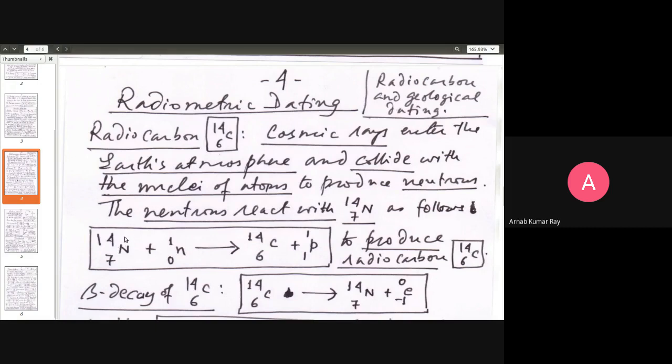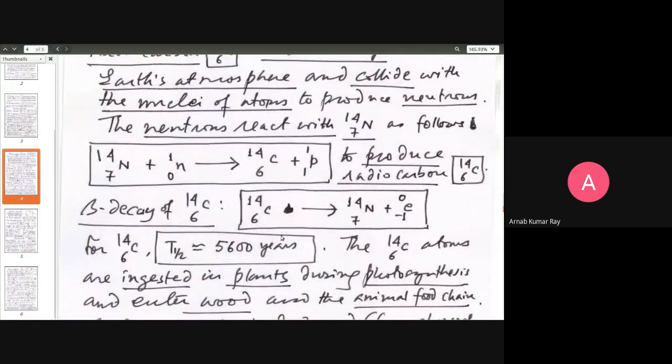Remember that the air on our planet is about 80% nitrogen. Then these neutrons react with nitrogen-14 to produce radiocarbon, 14C. And then these radiocarbons undergo a beta decay, and that happens on a time scale of roughly 5,600 years.